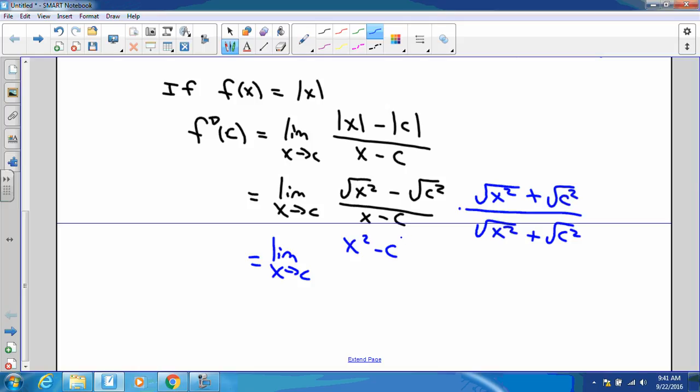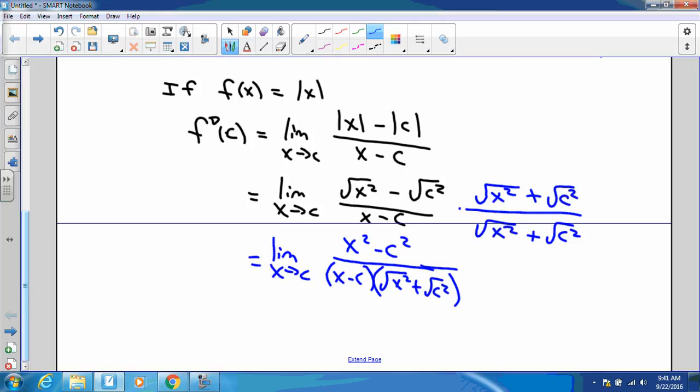And when I do, then on the top, I get x squared minus c squared. And on the bottom, I get this.